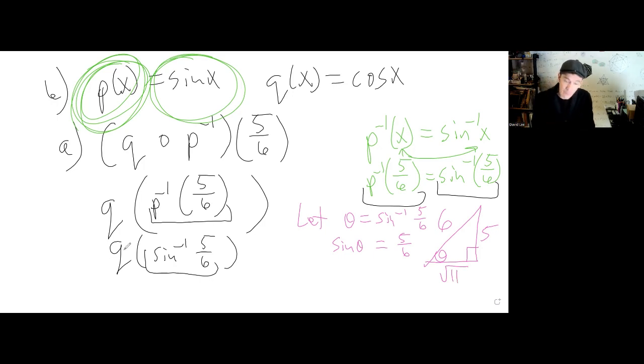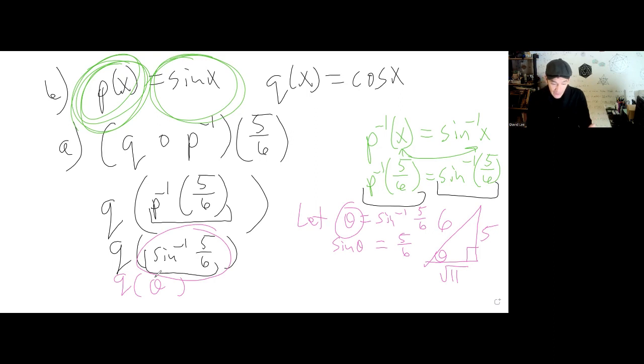Now go back to the main problem. Here is Q, but inside of the parentheses, what could replace sine inverse 5/6? Theta, because theta equals sine inverse 5/6. Now we're at the last step.